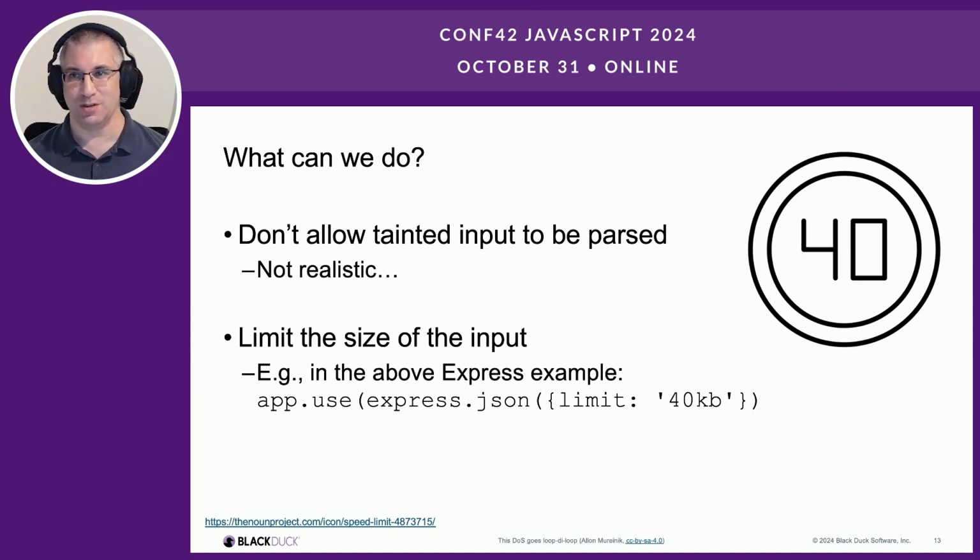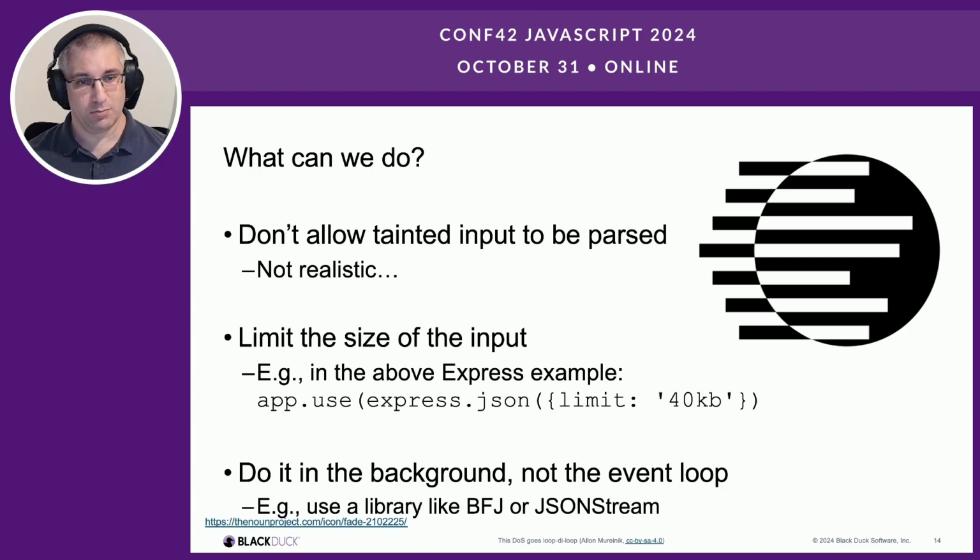Set your size limits. Where you can't set your size limits, where you do expect really long, big JSONs, because this is the protocol, this is how your application shares information, maybe don't do it on the event loop. Don't use express.json.